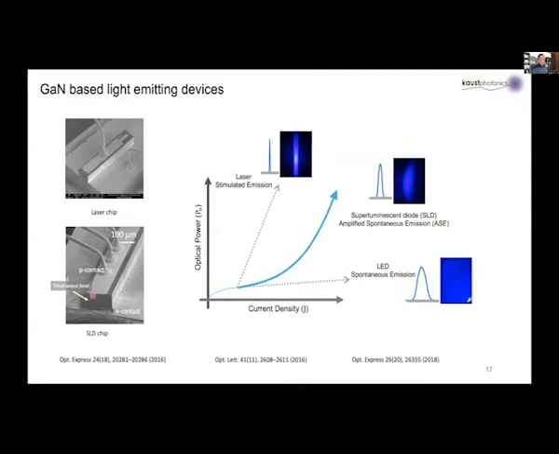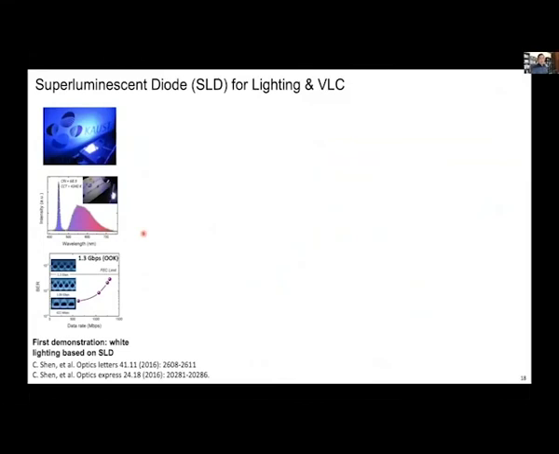The way that we're making our SLD, or superluminescent diode, is this: because it's a single pass, the photons will not oscillate in the ridge cavity. We keep one of the facets vertical, and the other facet we cut or tilt to about 12 degrees or so to suppress any lasing oscillations, so that we can tap onto the amplified spontaneous emission to get the SLD.